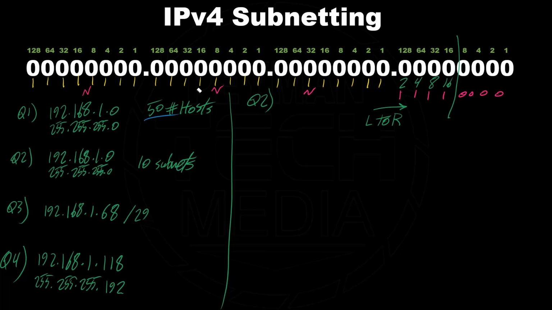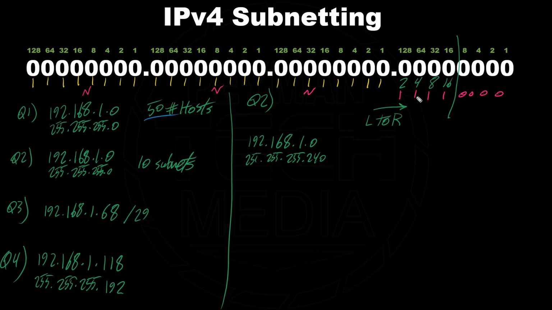So how many ones do we have now? Up to here, 24, plus this 4, 28. So the network address 192.168.1.0 with the new subnet mask, if we convert all this binary to decimal, is 255.255.255.240. Where is this 240 coming from?